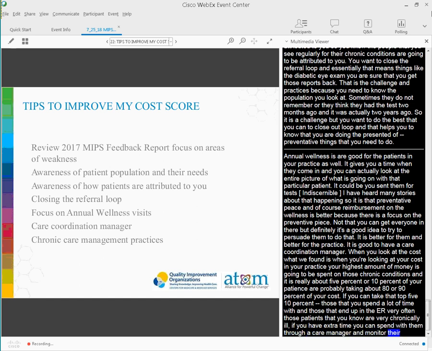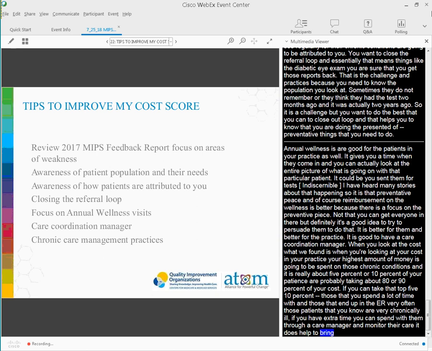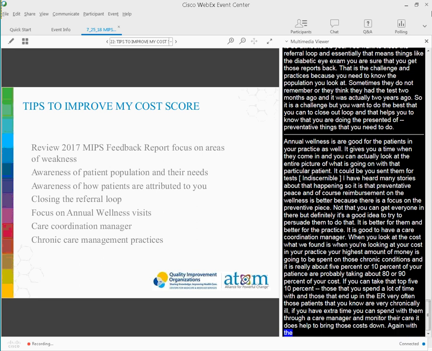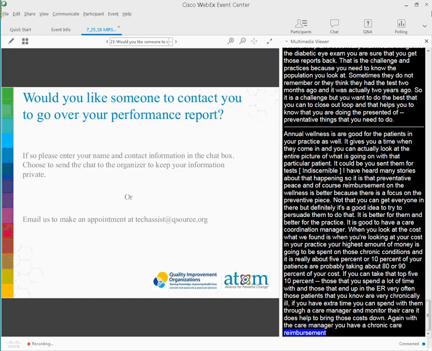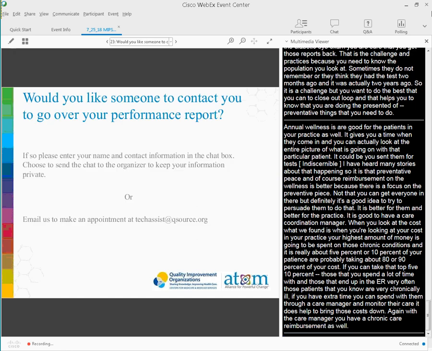And again, with a care manager, you have the chronic care reimbursement as well. So those are a few tips on things that you can do to improve your costs.